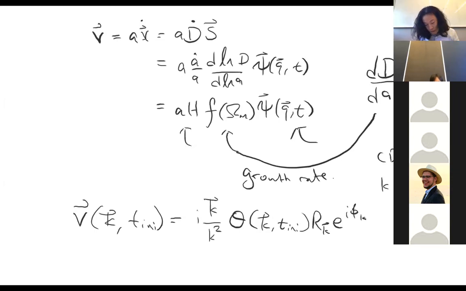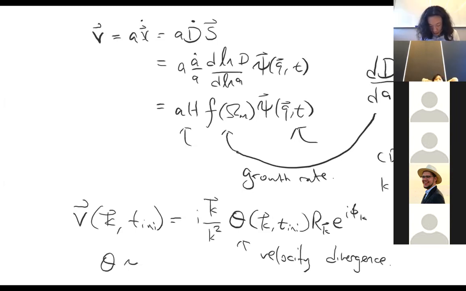So this theta field is the velocity divergence. Class and CAMB will again give you this, but in linear theory, this could be approximated to be the derivative of delta. So if you have the growth factor and the power spectrum, you can technically approximate this. But if you want to do it properly, you can also just insert the velocity divergence field if you have it from class.